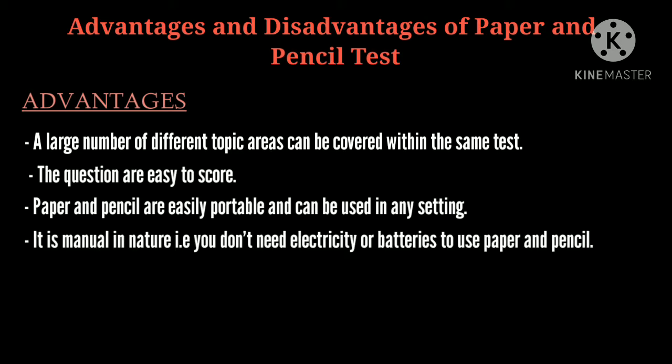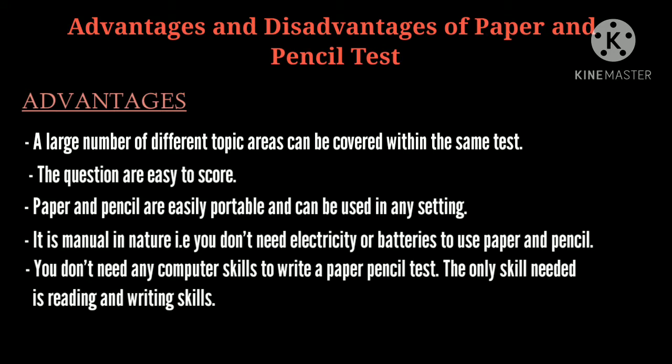You don't need electricity or batteries to use paper and pencil. Next, you don't need any computer skills to write a paper pencil test. The only skills needed are reading and writing. Last, it is very flexible and cheap to set up.